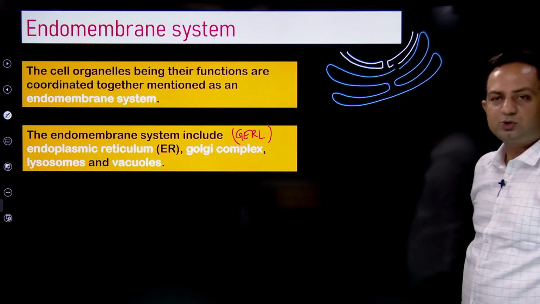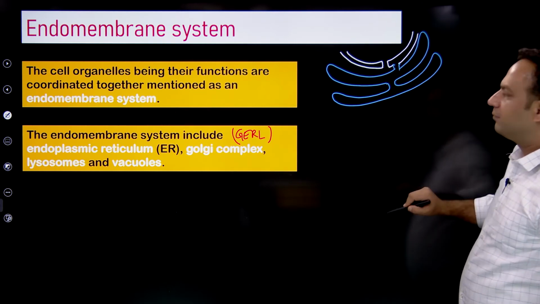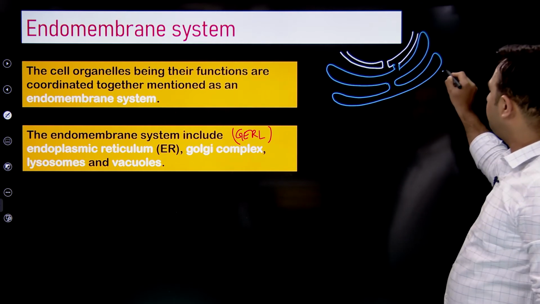Okay, this way. Now, this structure is called endoplasmic reticulum.